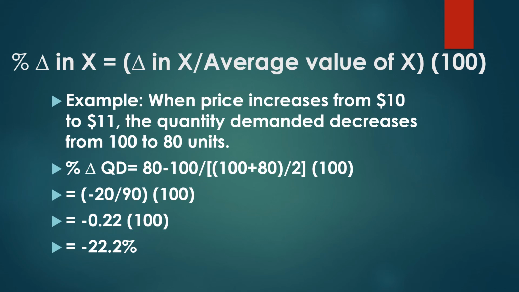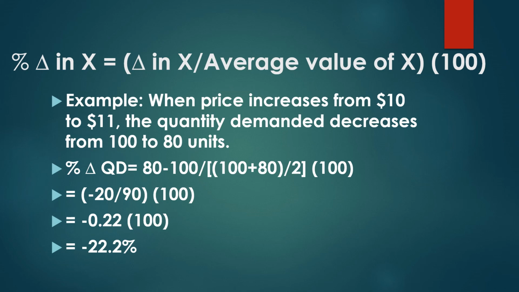But then instead of dividing it by 100 like we normally would, because that's your initial number, we're dividing it by 90, because we're doing the average. 100 plus 80 is 180, divided by 2 is 90. So then we end up with, instead of negative 20% like we did before, negative 22.2%. The reason that you would do this is honestly because the AP test might ask you to. Only use the midpoint method if they specifically tell you to do so, otherwise do it the normal way.